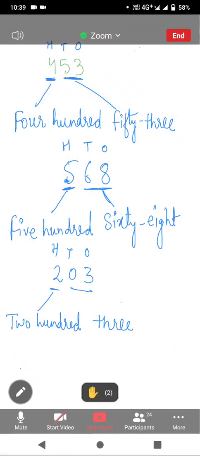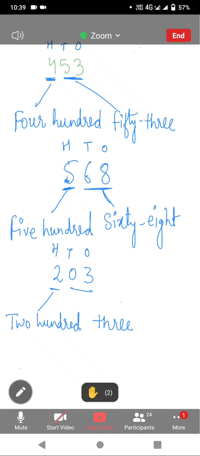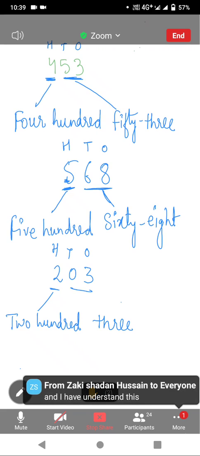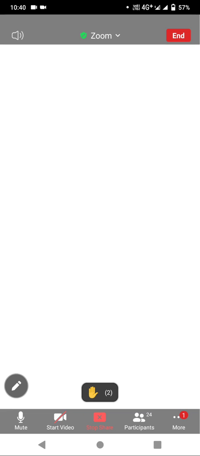Everyone take out your maths notebook. I'm giving you some questions based on these number names. You have to write number names for three-digit numbers, so be ready. Write today's date also.